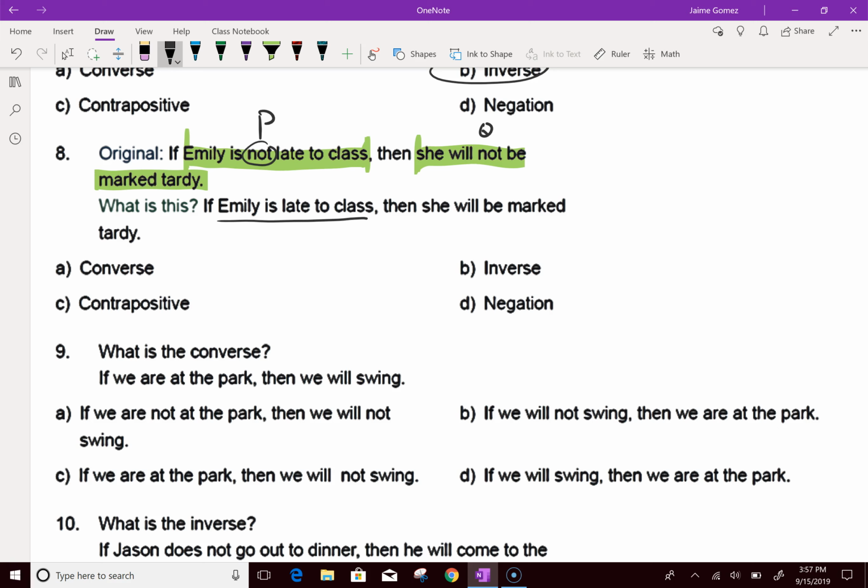That means they changed the P. That means P is still first. So then this is not P. Then she will not be marked tardy. It says here she will be marked tardy. So they just did the opposite of that. So that means that's not Q. So another not P, not Q, that would be the inverse again.